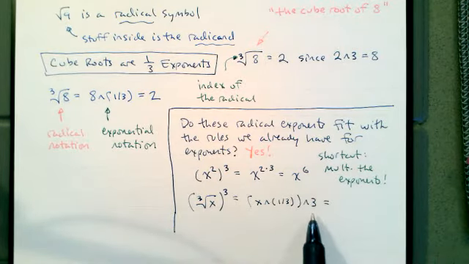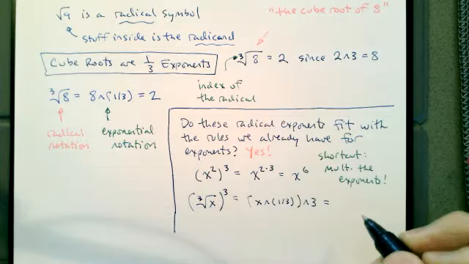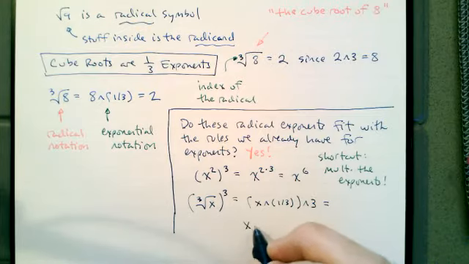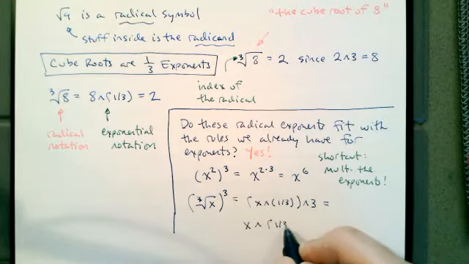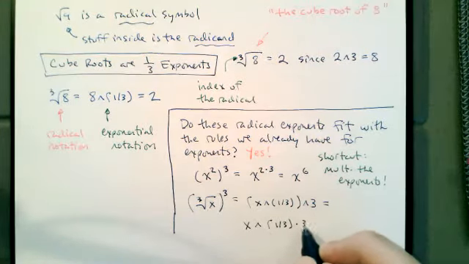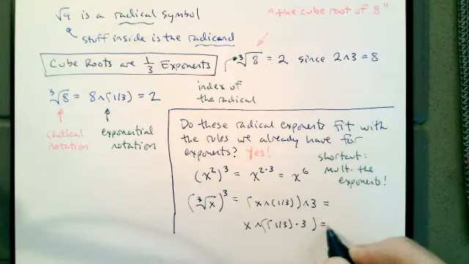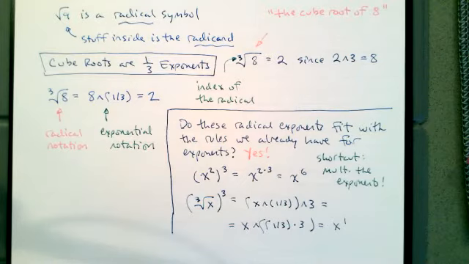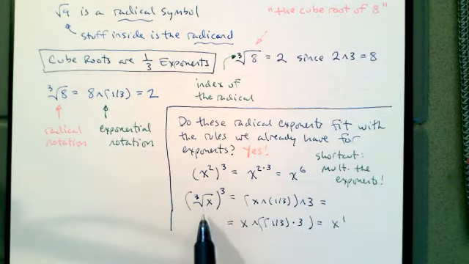And 1/3 times 3 is equal to 1. So we multiply the exponents. When we raise an exponential expression to an exponent, we multiply the exponents.